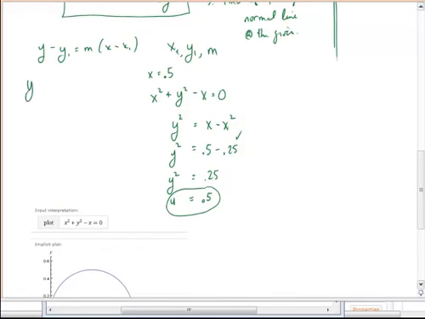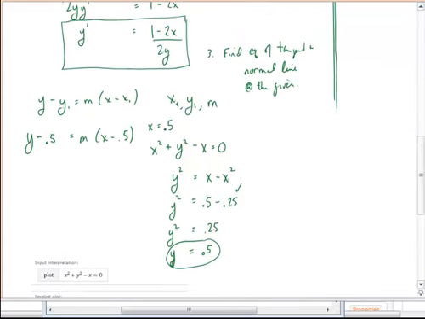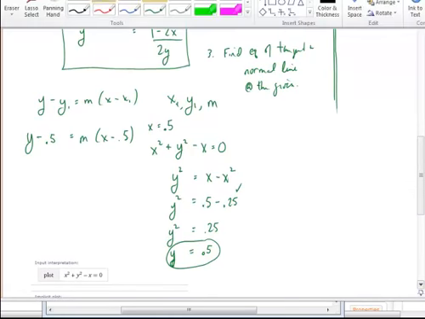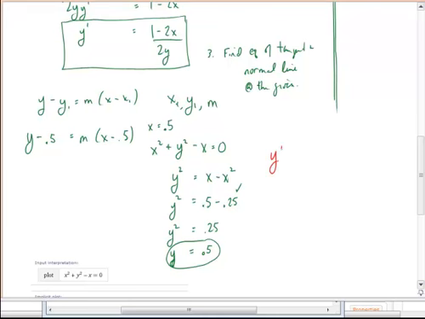So I'll just fill in those blanks. And now I just need to plug those x and y values into my derivative equation from before. It says y prime that I solved for is 1 minus 2x over 2y.